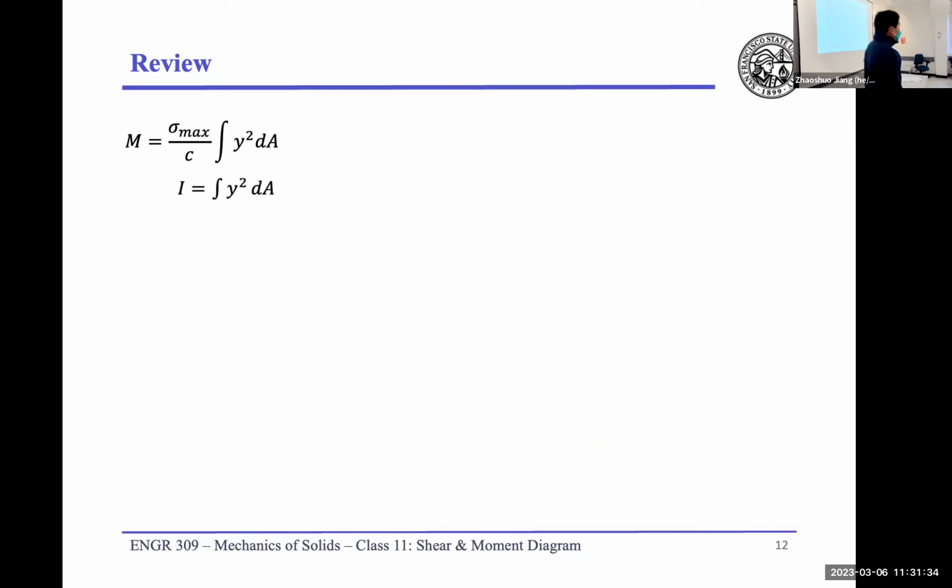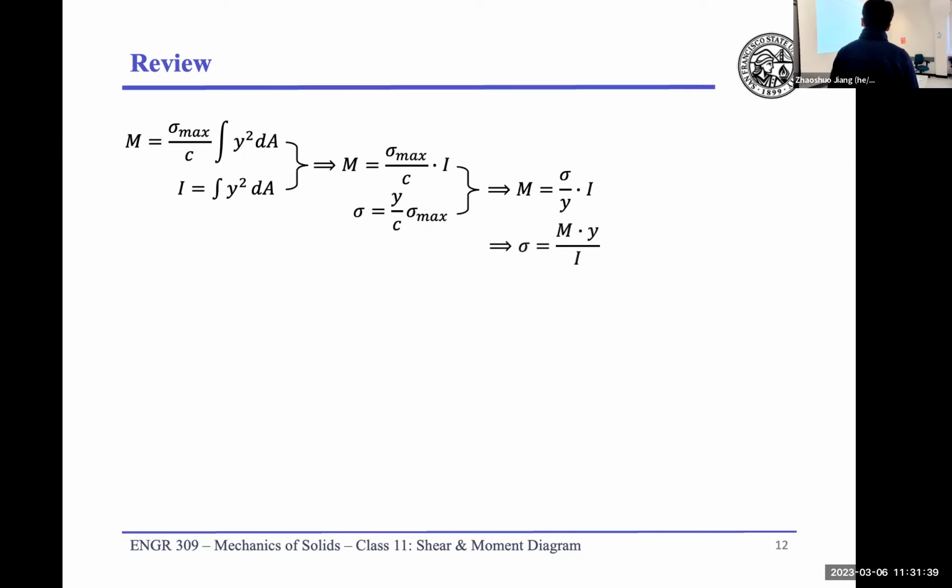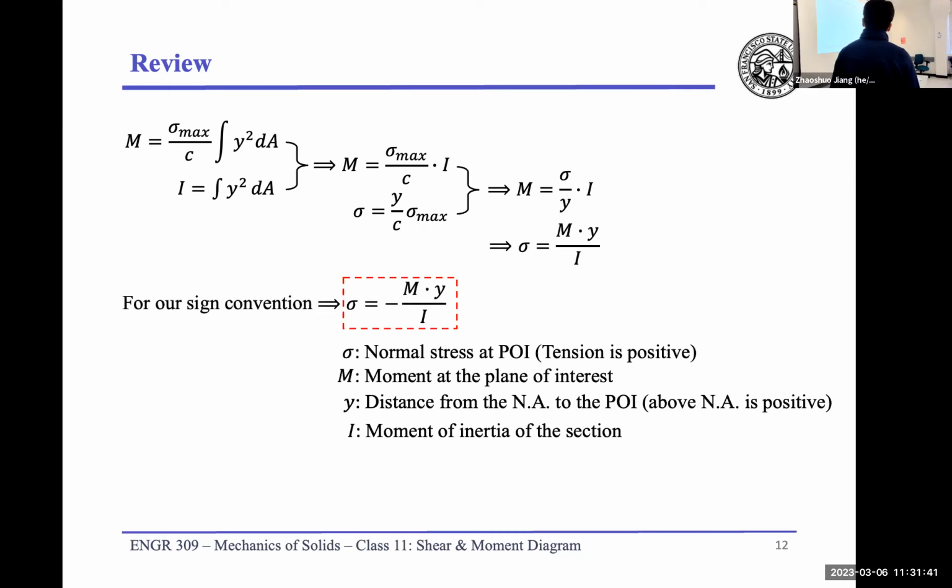Now, if I use I to denote the moment of inertia, putting it in this equation and going through the process again, here is the equation that we come up with for the normal stress. You don't need to remember all the process that we went through before, but one thing you need to remember is the equation for the normal stress of the cross section.